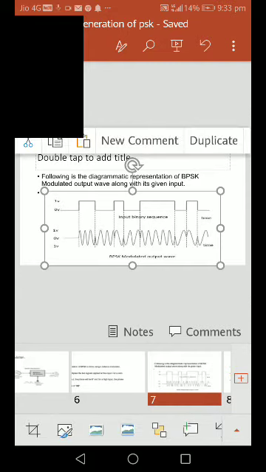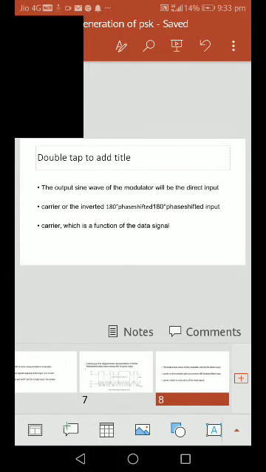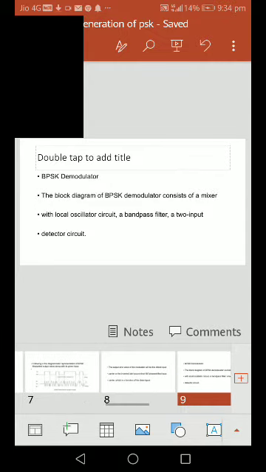In this fashion the whole data is shifted. The output of the modulator is either the input carrier directly or inverted by 180 degrees phase shift, which is a function of the data signal.